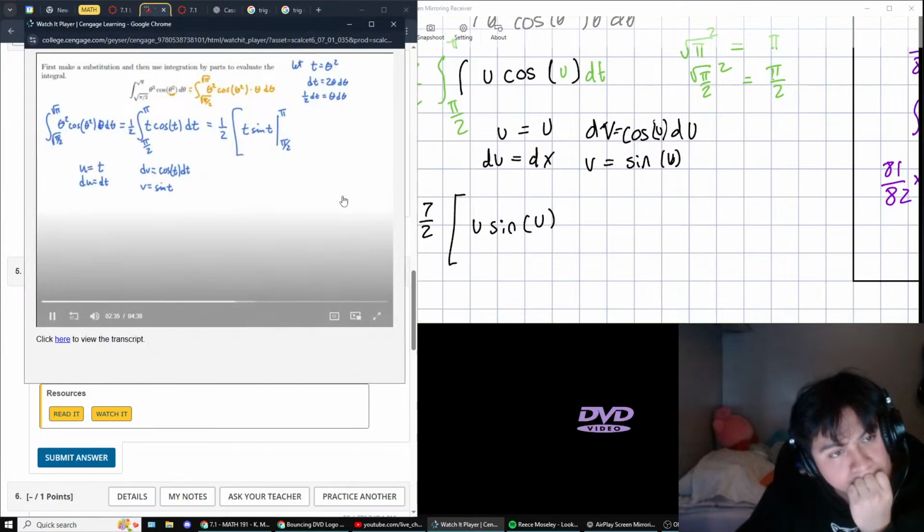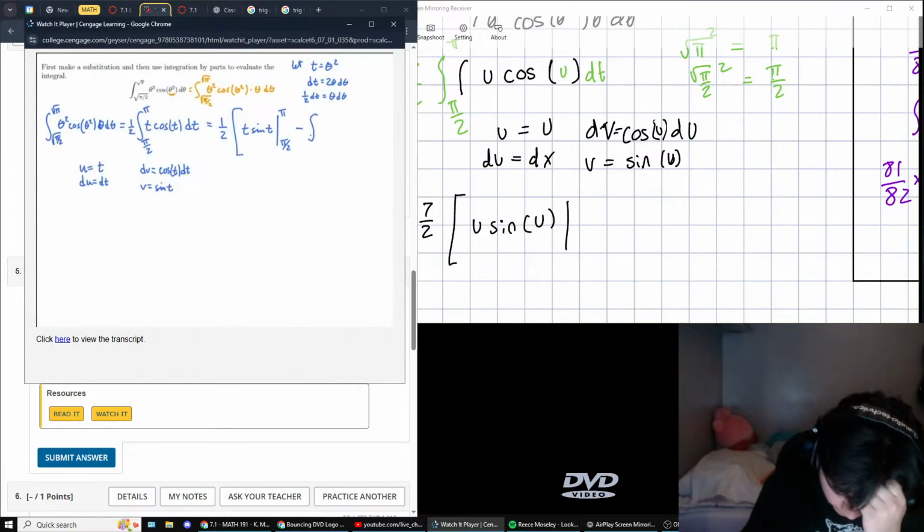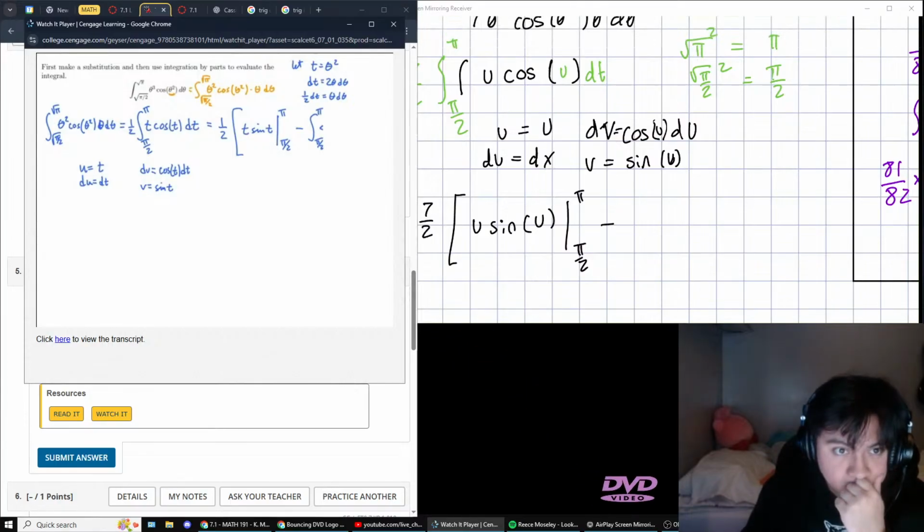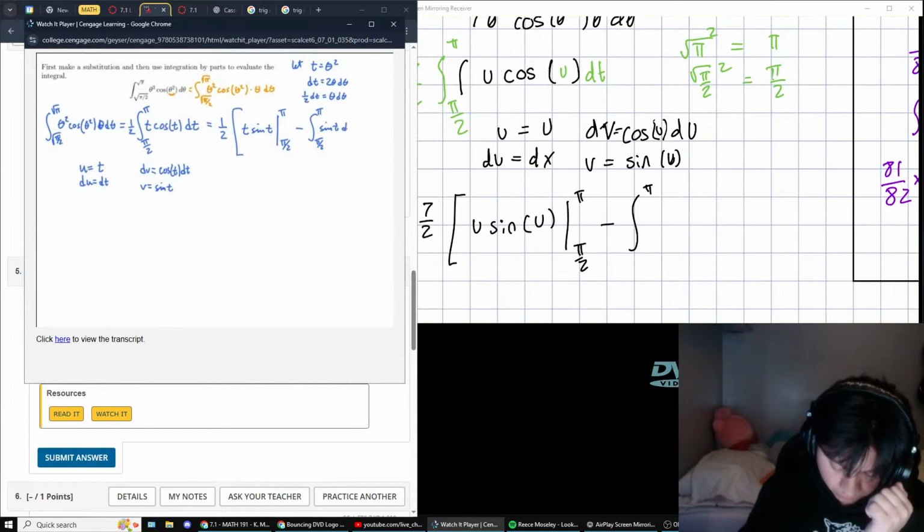Okay. Minus the integral from pi over 2 to pi of v du, sine of t dt.